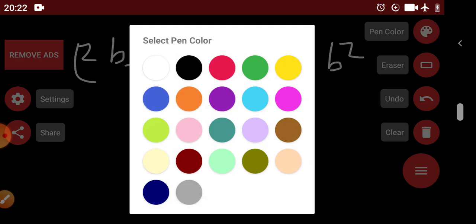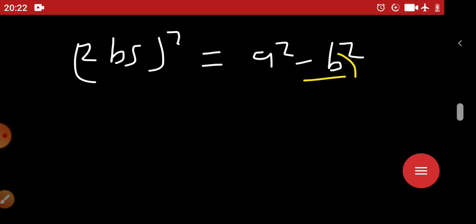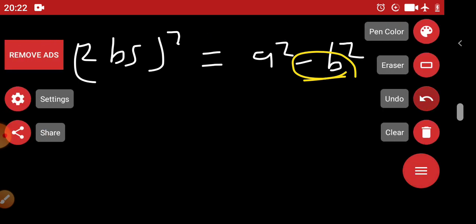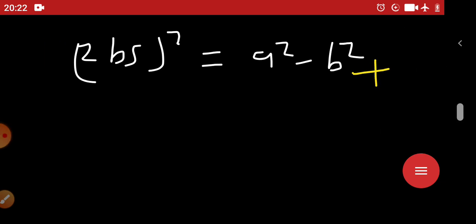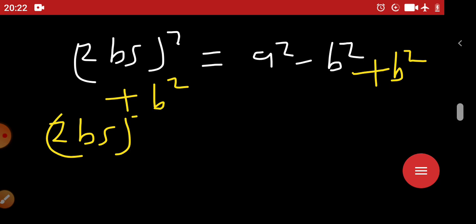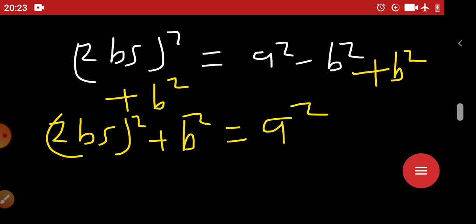It will be convenient to move this term to that side. How do we do that? We add b squared to both sides. So we'll have 2bS all squared plus b squared, which is equal to a squared.